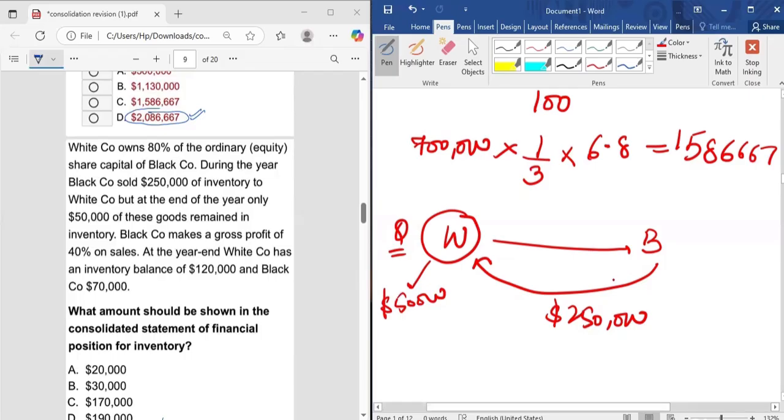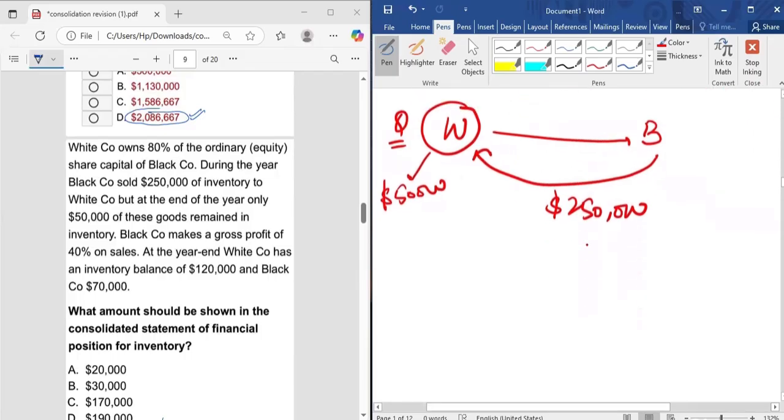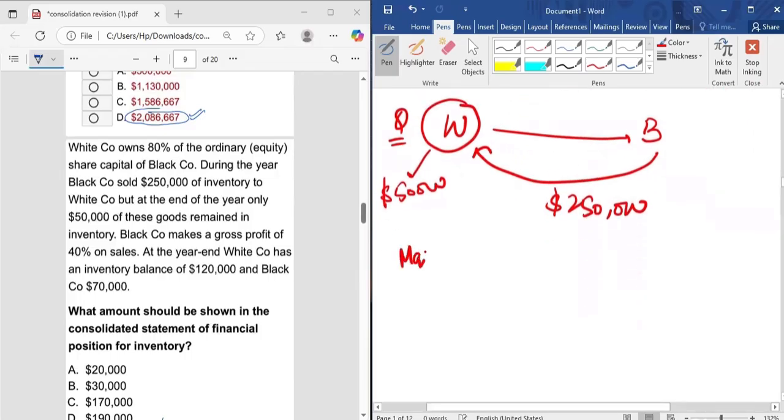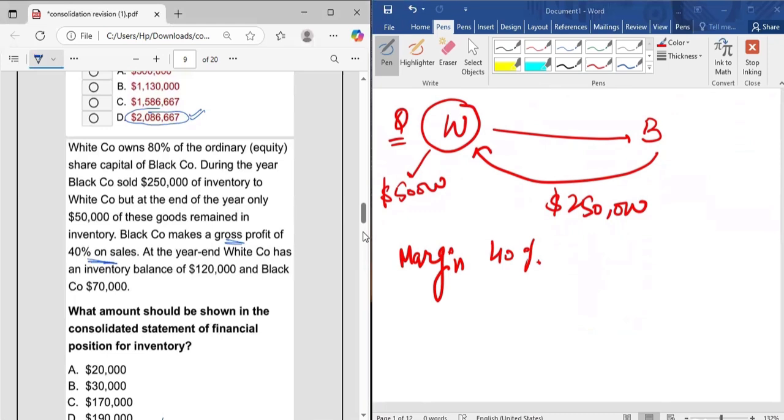So this tells us that the goods were sold at a margin, a margin of 40%. Whenever they say gross profit of 40% of sales, they are talking about margin. So at the year end, White has an inventory balance of $120,000 and Black Company has a balance of $70,000. What amount should be shown in consolidated statements of financial position for inventory?